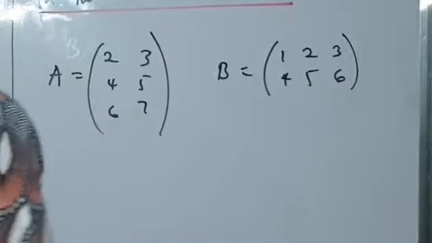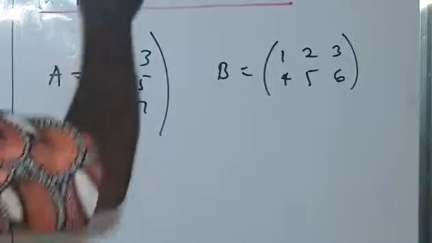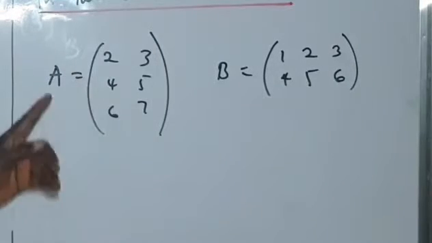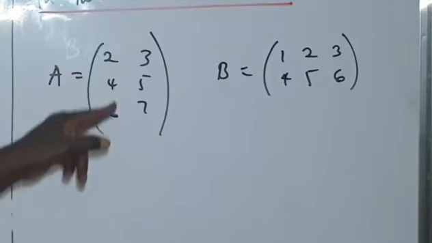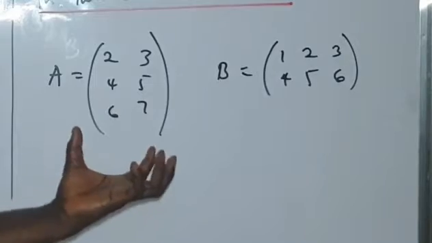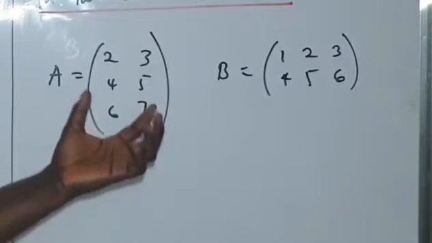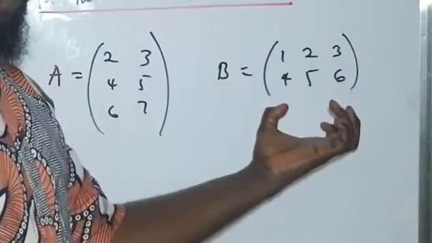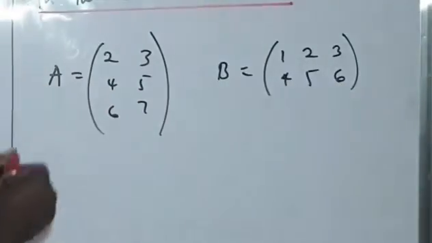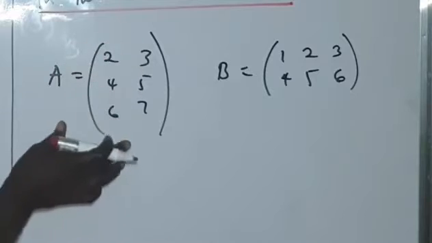You have this. The condition is that for us to be able to multiply A and B, the number of columns in the first matrix must equal the number of rows in the second matrix. So how many columns do we have in matrix A?